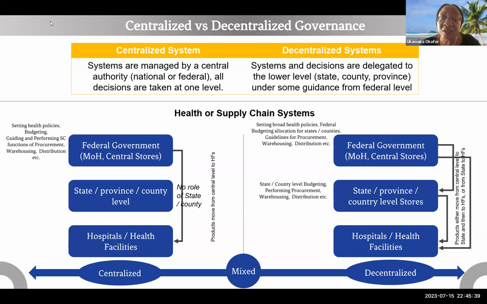But the state government has full authority to adapt what the federal government has done to suit their own peculiarities in the state. For example, in Nigeria, there is the National Health Product Supply Chain Strategic Plan, 2021 to 2025.